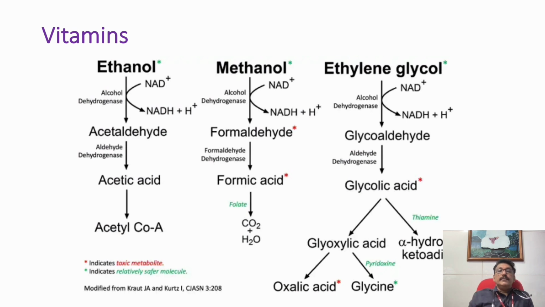Now, some of the vitamins also have a very important role in the treatment of toxic alcohol poisoning. You can see the steps here. Formic acid reduction can be done by folic acid. Glycolic acid reduction can be done by thiamine and pyridoxine.